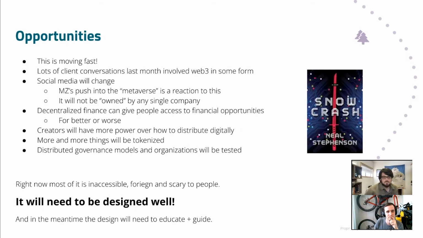We talked about DAOs, but there are whole governance models and ways people are organized globally that are being experimented with, and I think there's a ton of opportunity and things that still need to be figured out there.